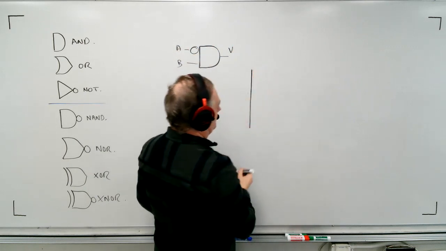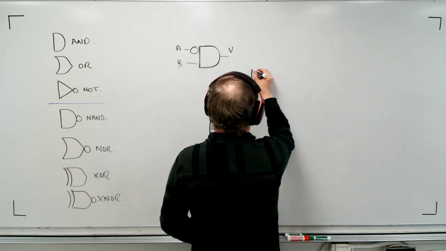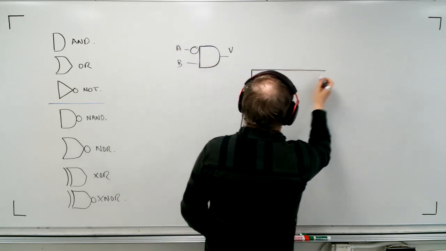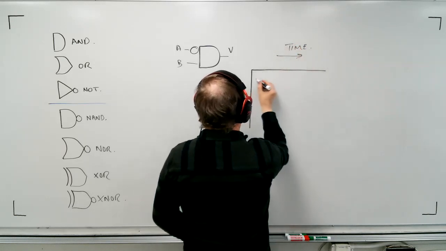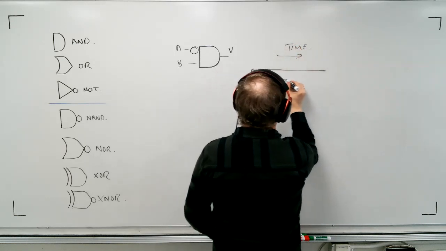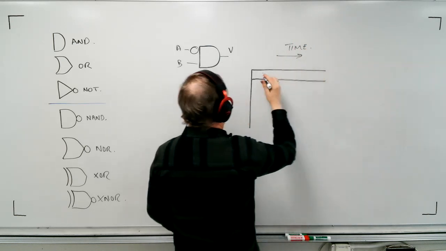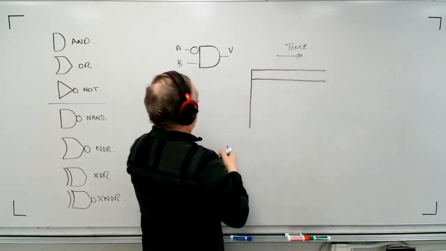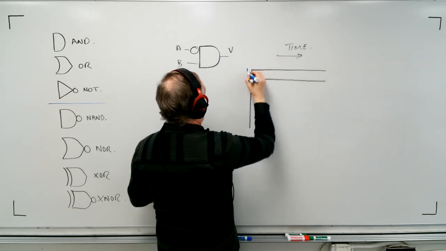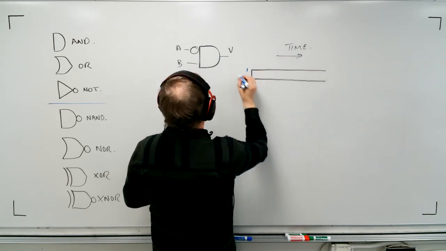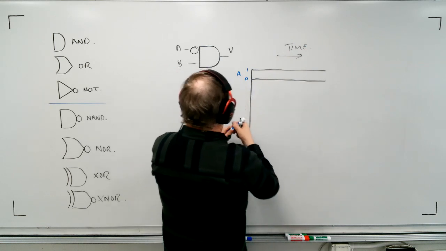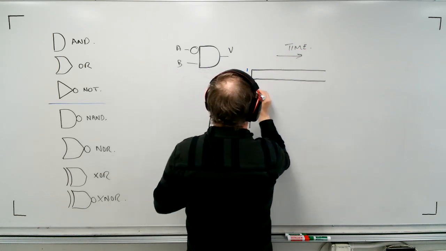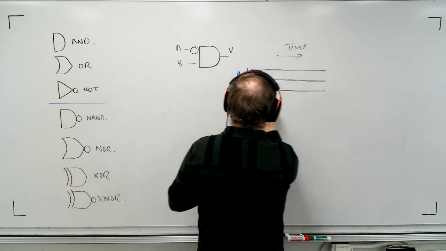So what is a timing chart and how does it look? Here's the way that we typically would look at it. This is going to represent time. And this space right here is going to represent 1 and 0, and this is going to be for A. Then I'm going to go down here and make another little zone right here.